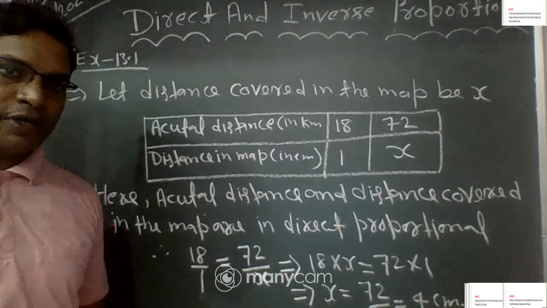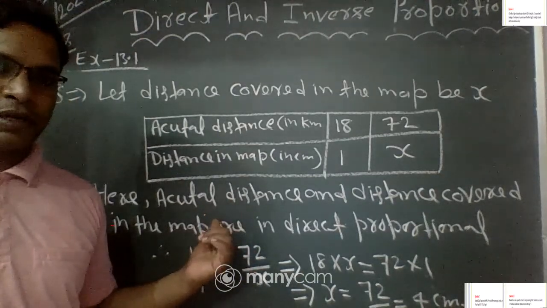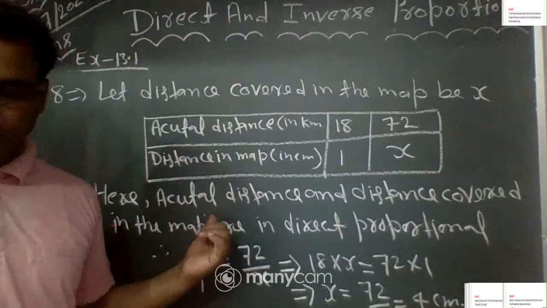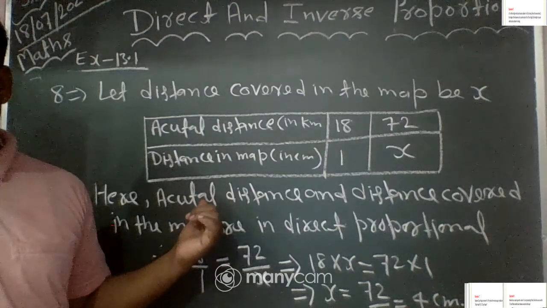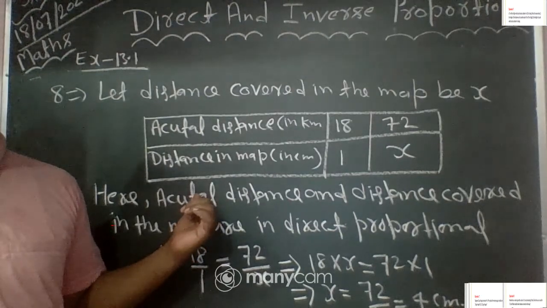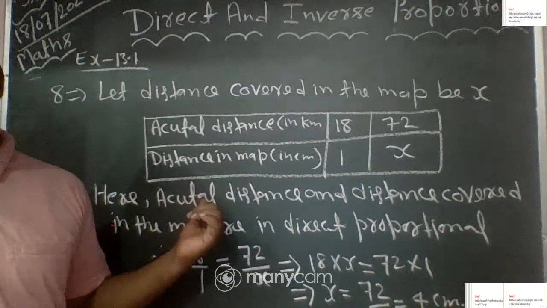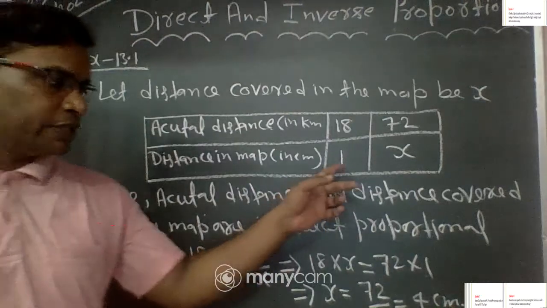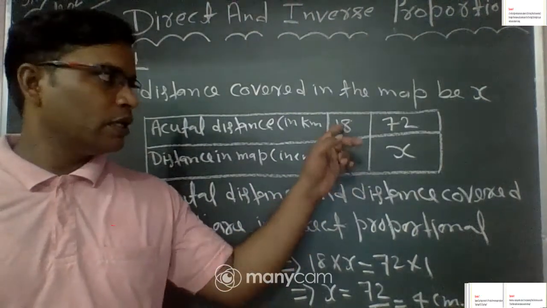So I hope all of you understood this question number 8. Question number 8 is that Rashmi has a road map with a scale of 1 centimeter represents 18 kilometer. Okay.